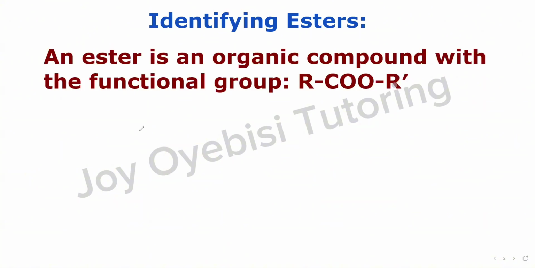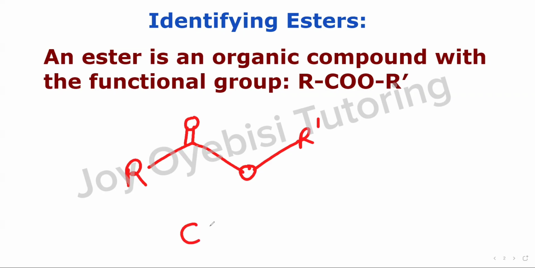Okay, so we would have C double bond O to oxygen and to another carbon. So let's say this is our R' and this is the R. Whenever you see this type of structure, or it could also be in this format, you see COOC, whatever the number of carbons is, that is an ester.